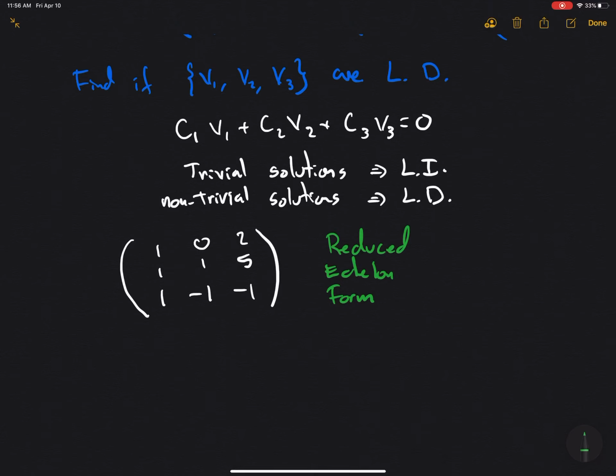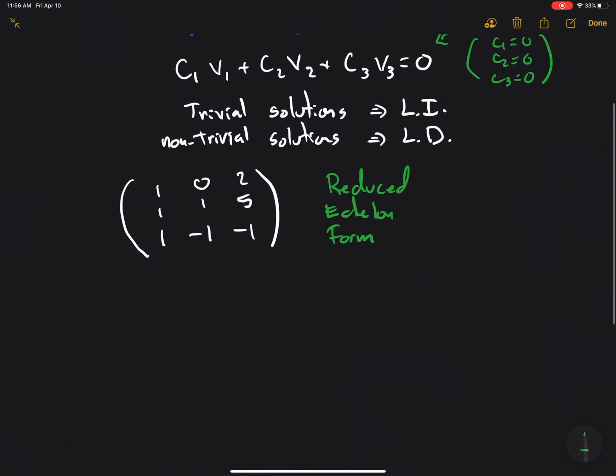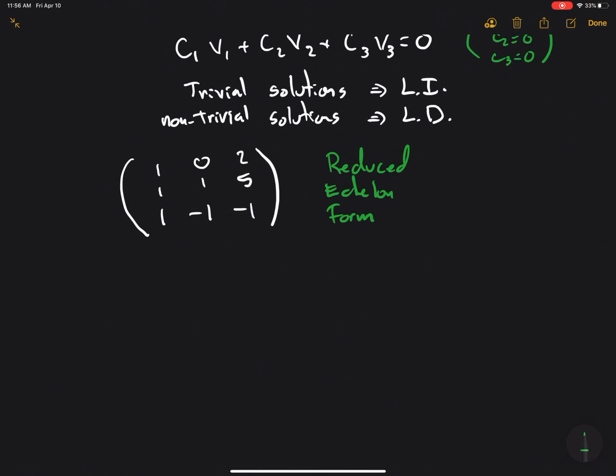Notice that trivial solutions will always work. That means that C1 equals 0, C2 equals 0, and C3 equals 0. This is always a solution of this vector equation. So really the question is if I have non-trivial solutions or not. In order to do this, let me try row reducing this matrix.